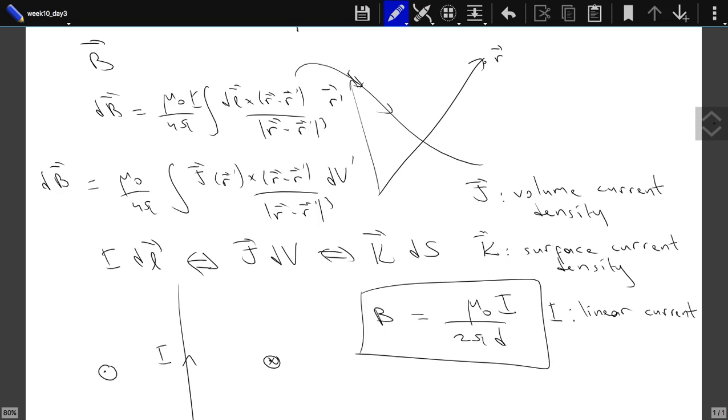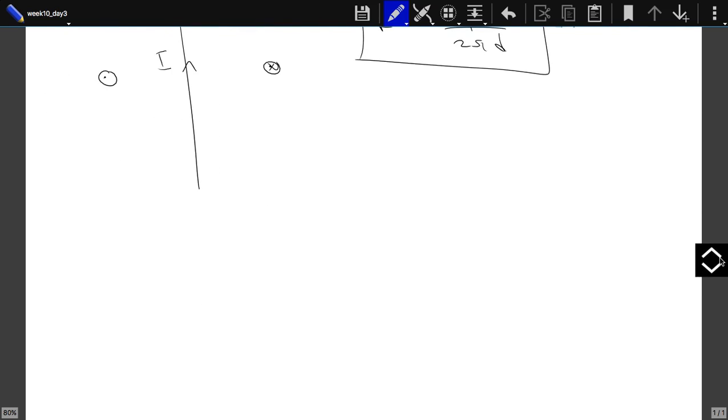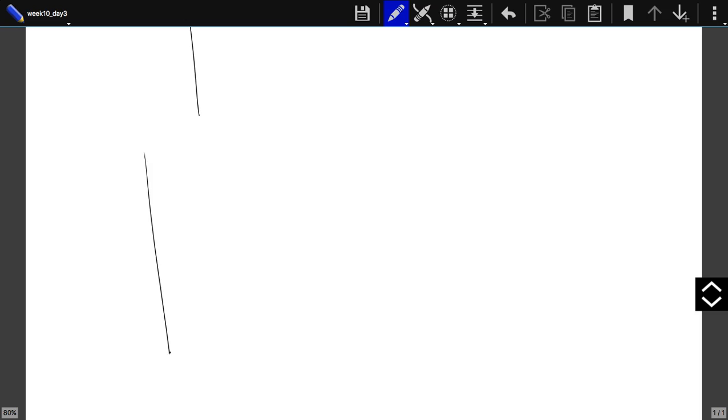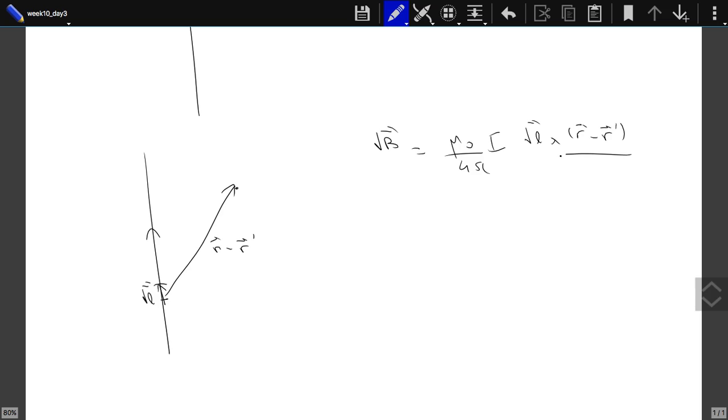Well, you should pay attention to one thing. For example, when we were solving this infinite wire example, okay, we considered this point. This is our dl. This is the r minus r prime vector, and dB was equal to mu0 over 4 pi I dl cross r minus r prime over |r minus r prime| cubed. And then dl cross r minus r prime at that point is in which direction?